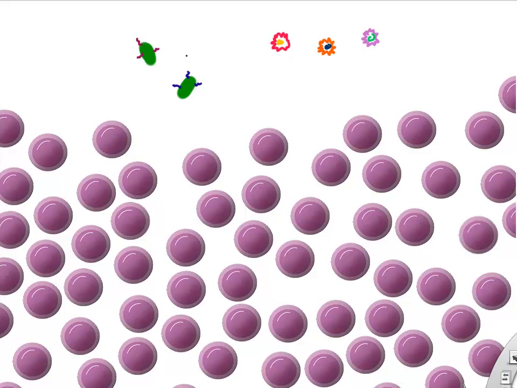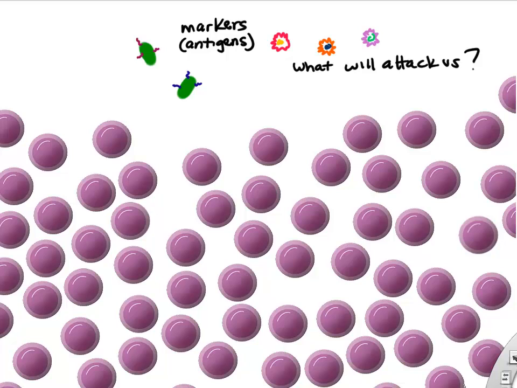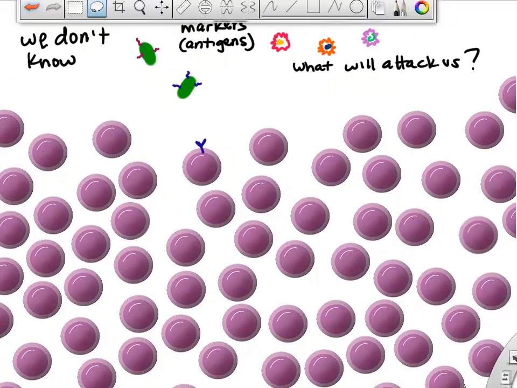Again, the specificity comes from this. You have markers or antigens in anything that invades you. Hopefully, you will respond to those markers, but you don't really know what you're going to get infected with, right? You don't know if you're going to get infected with this bacteria or a different bacteria or virus.